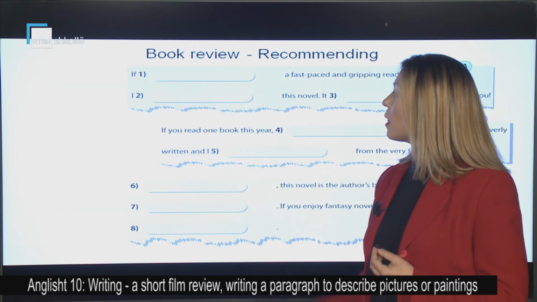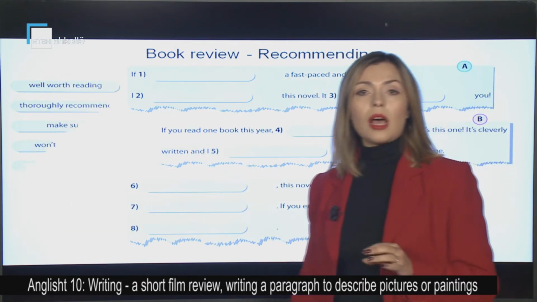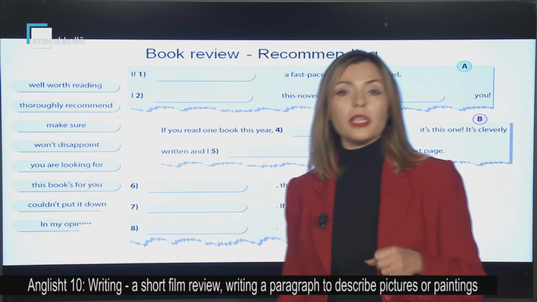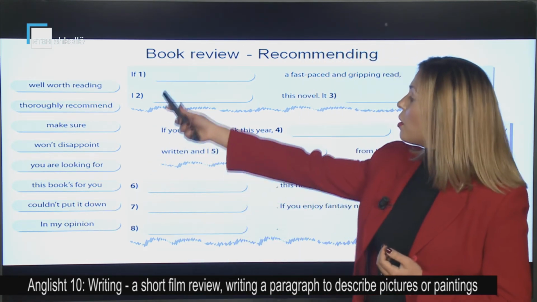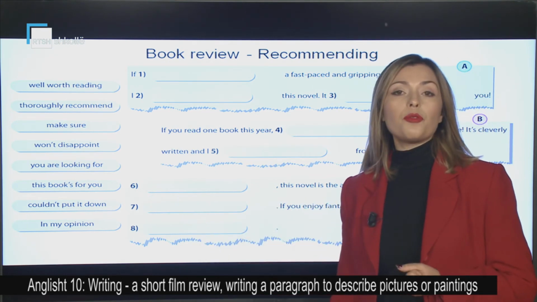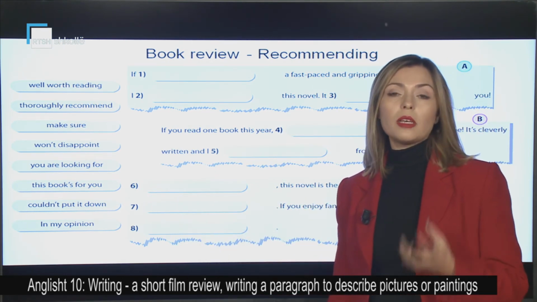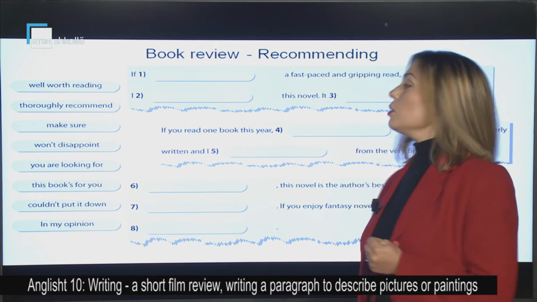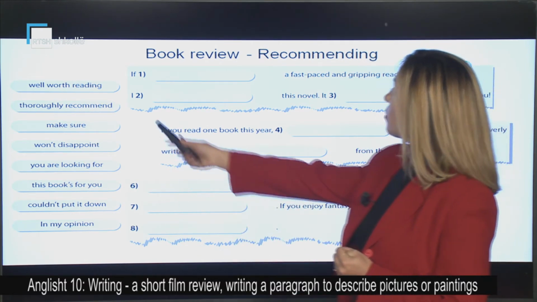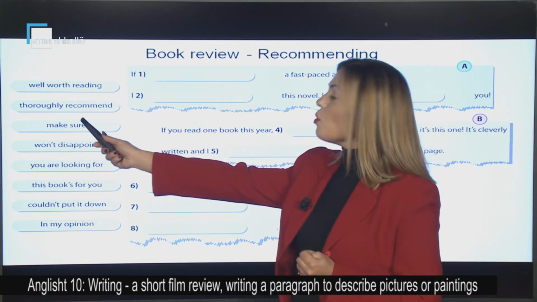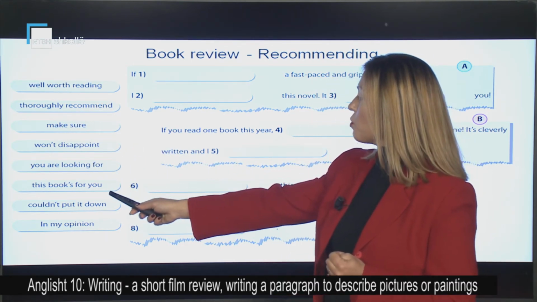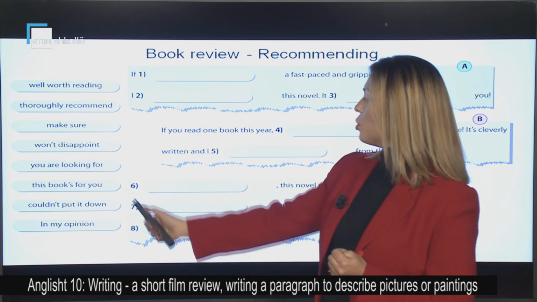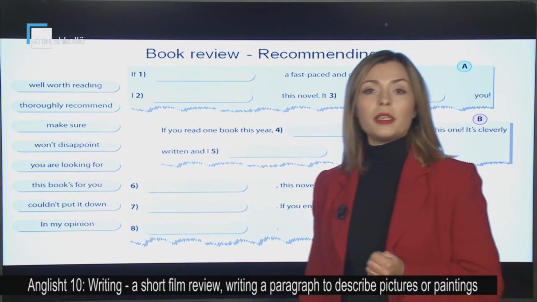Okay, let's go now and put some of the expressions that we need in order to recommend the book. There are many different ways of recommending your book or your film. So: well worth reading, thoroughly recommend, make sure, won't disappoint, if you're looking for, this book's for you, couldn't put it down, in my opinion.